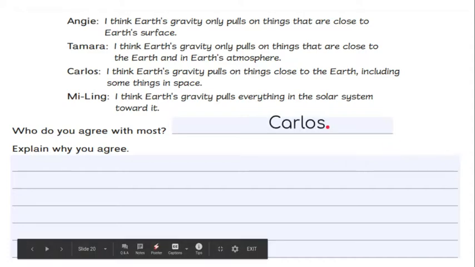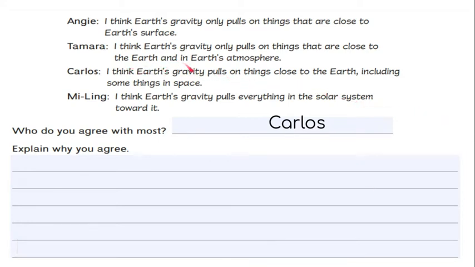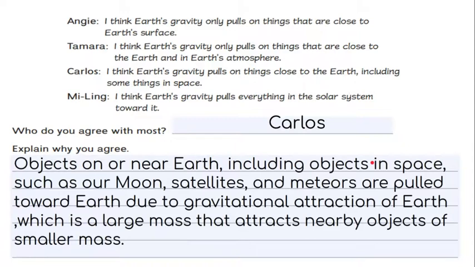Carlos was on the right track. He said, I think Earth's gravity pulls on things close to the Earth, including some things in space. You may have agreed with Carlos but weren't really sure how to justify your answer. So let's look at an example of an explanation for why Carlos is correct in his thinking.